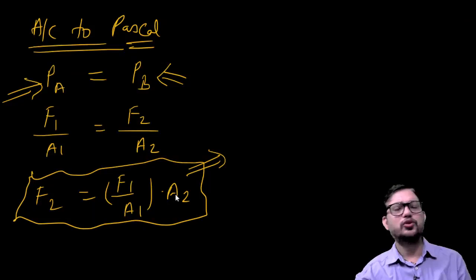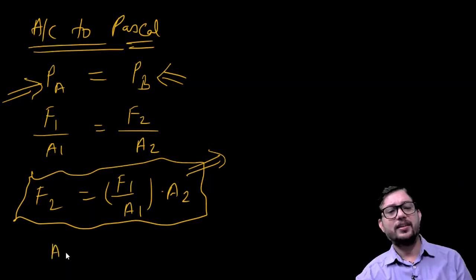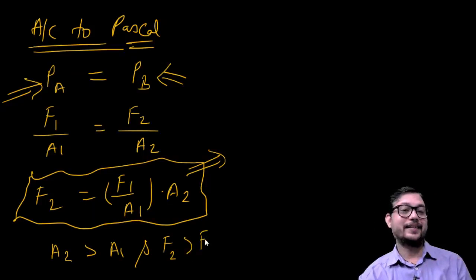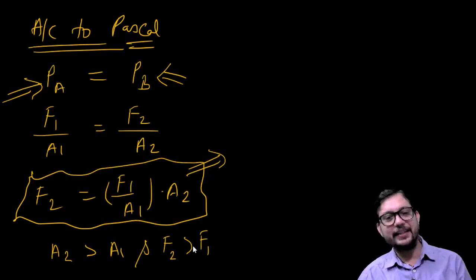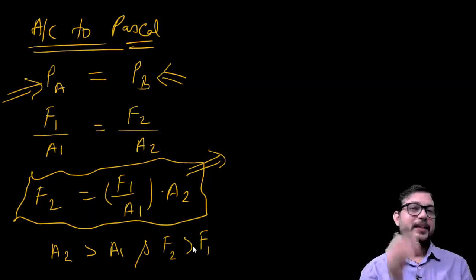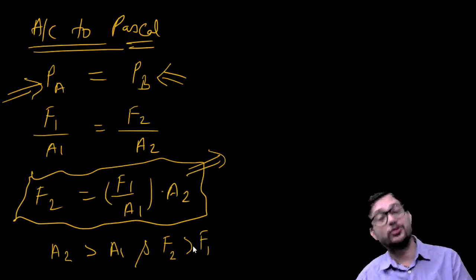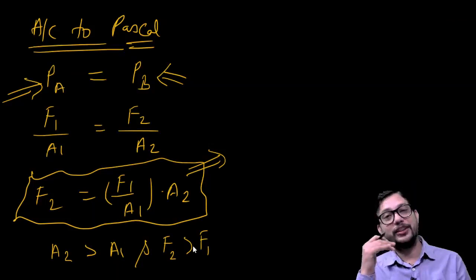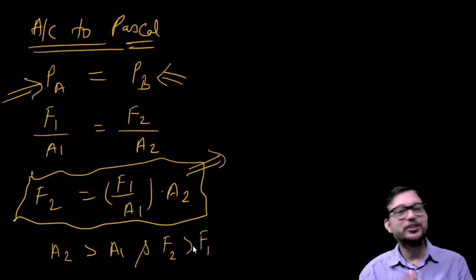You can clearly see that A2 is quite a bit greater than A1. It means F2 will be quite a bit greater than F1. So if we apply a small force, the resultant force applied at point B will be huge in amount.